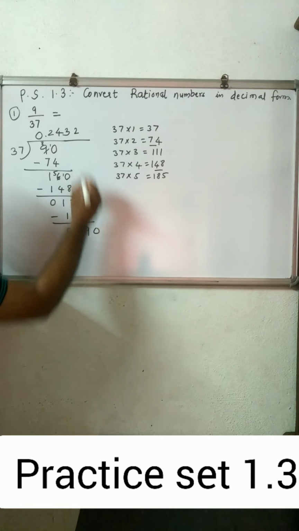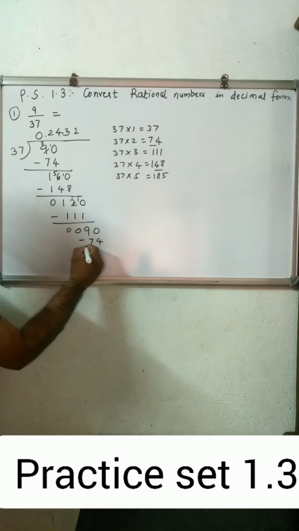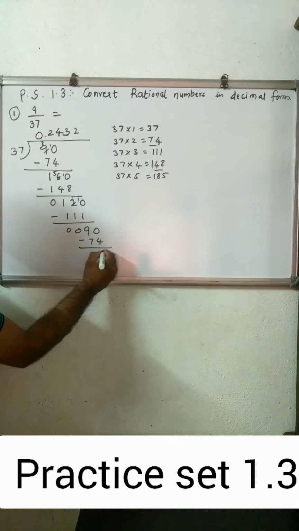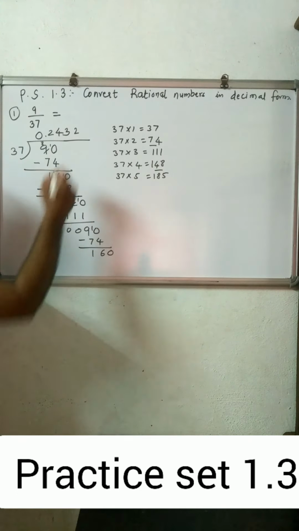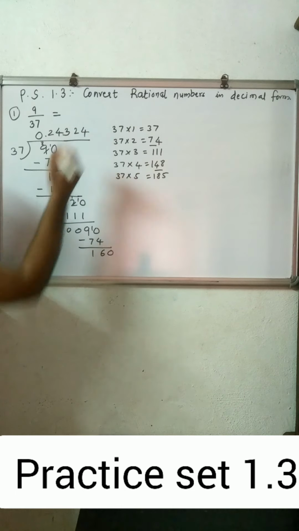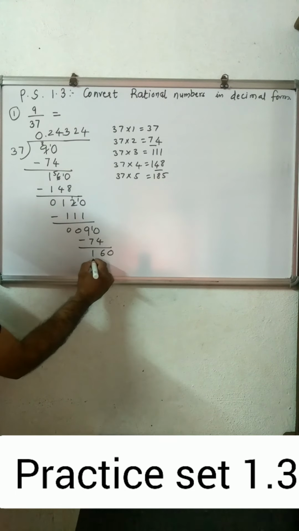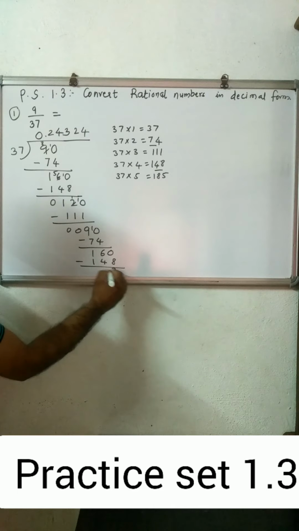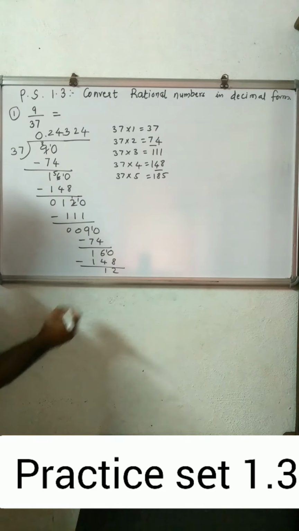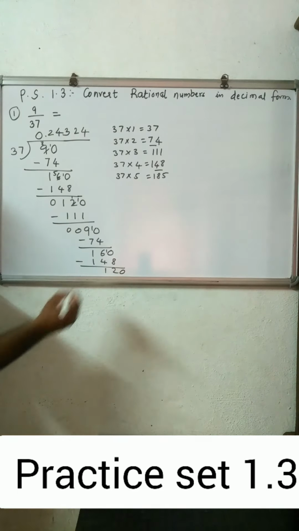37 2s are 74. Same, 6, 1, 0. Again 37 4s are 148 and so on. We'll get here 120.